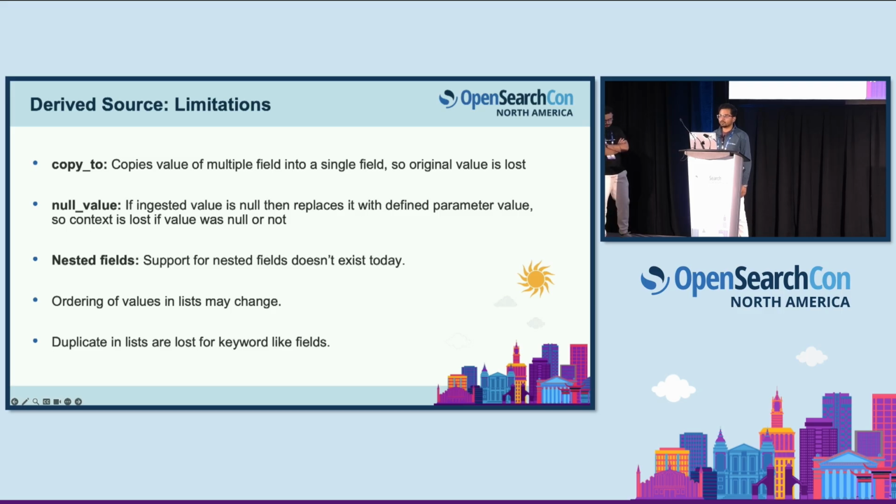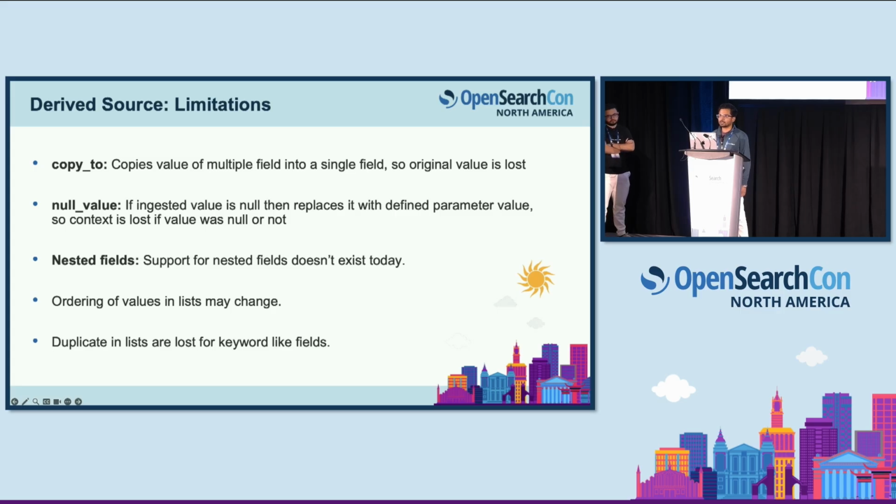Similarly we have null_value, which replaces null values with the value that you have defined. Let's say you configure null_value equal to x: for all the fields having a null value, it will replace the doc value with the x value. So we don't know which documents had a particular field null during ingestion, so that complexity is there.